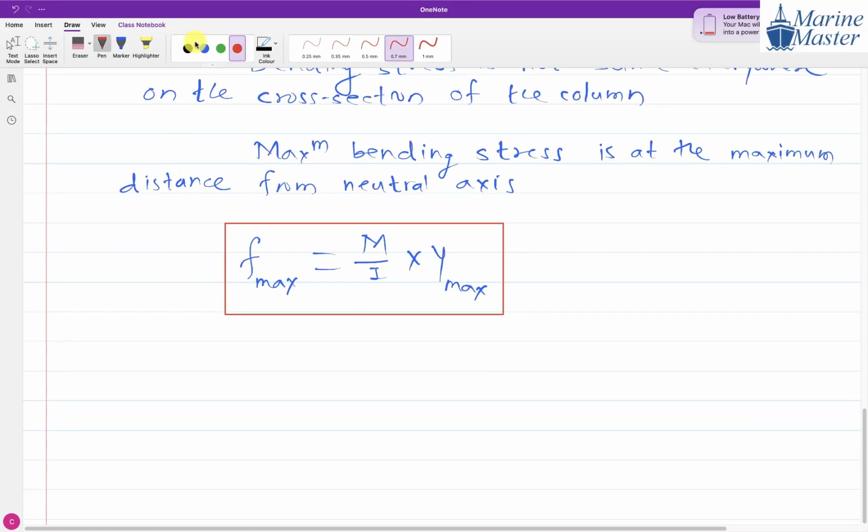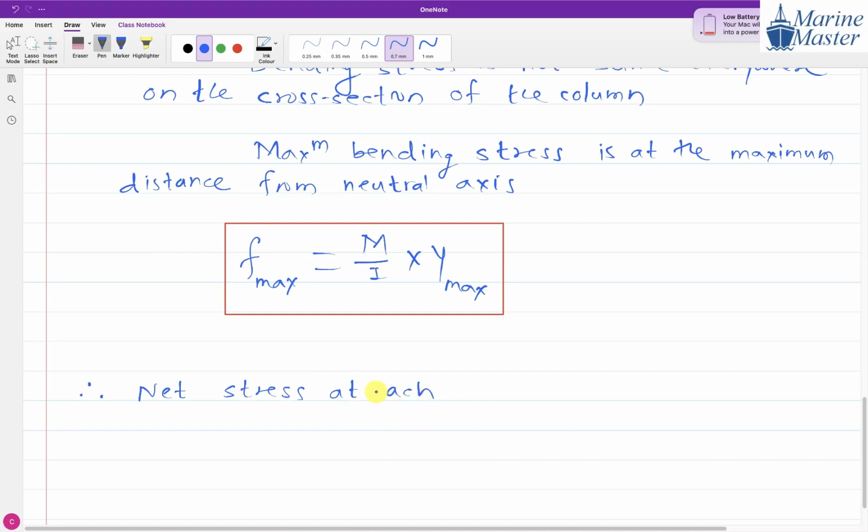So now everyone try to see the scenario. Therefore, net stress at each point is a combination of what?